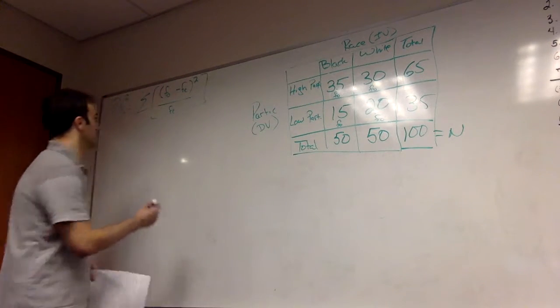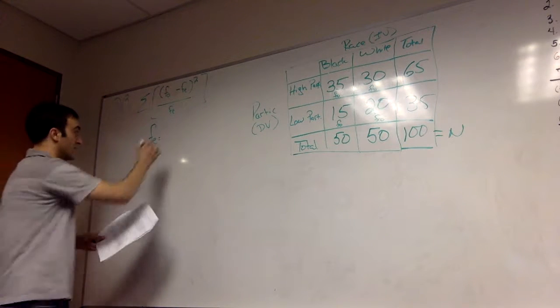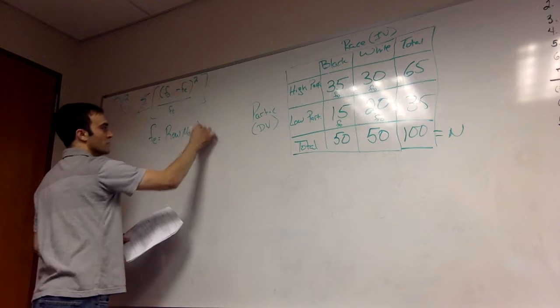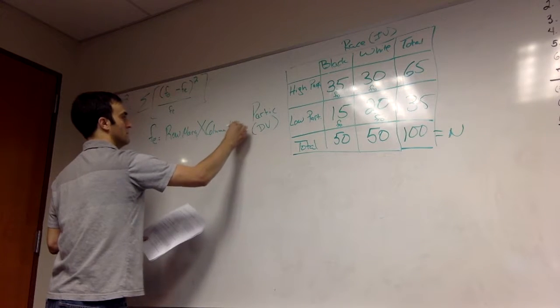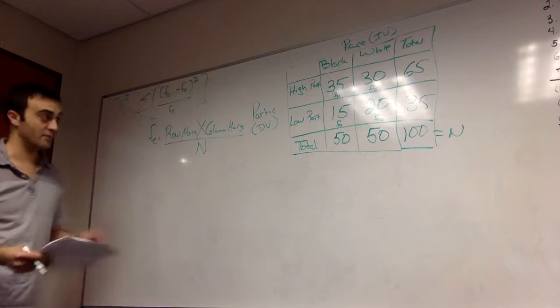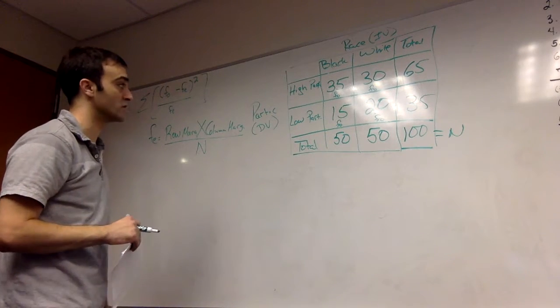To calculate the expected values, you take your row marginal, you multiply it by a column marginal, and then you divide by N, or the total number of observations in your survey or in your table.